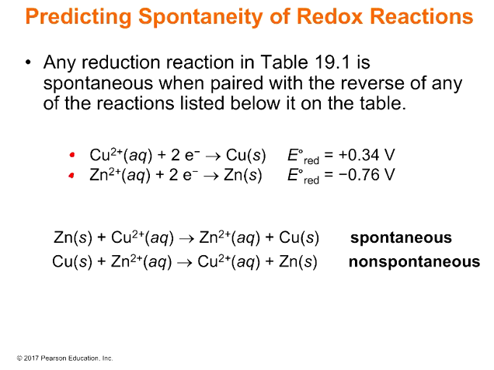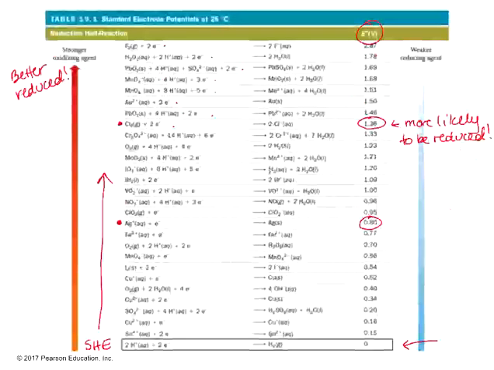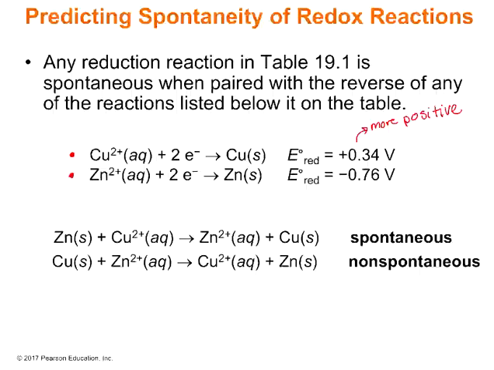Well, copper's half reaction is more positive. And remember, if something is more positive, it's more likely to be reduced. And if something is more negative, then it's more likely to be oxidized.